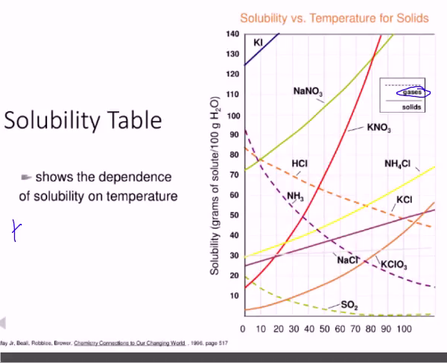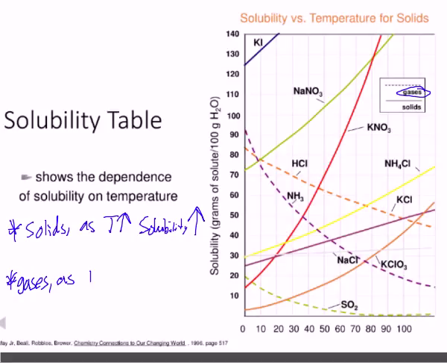So, one thing you want to jot down is for solids, as temperature increases, your solubility increases. For gases, as temperature increases, solubility decreases. That's something big you want to remember.